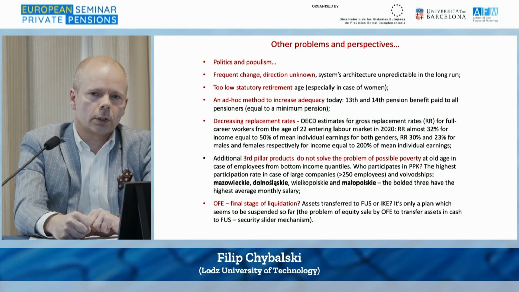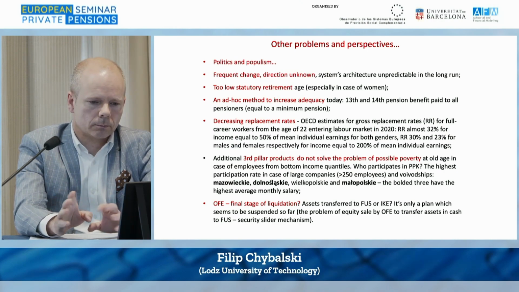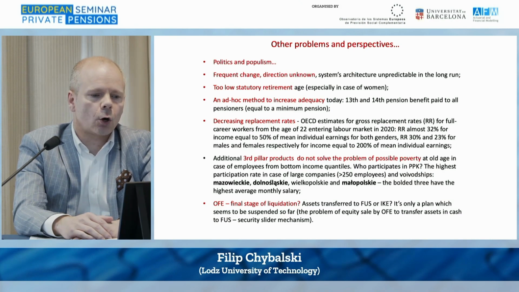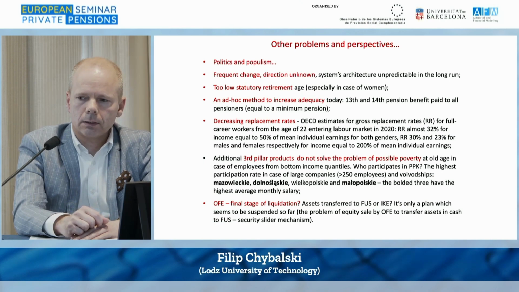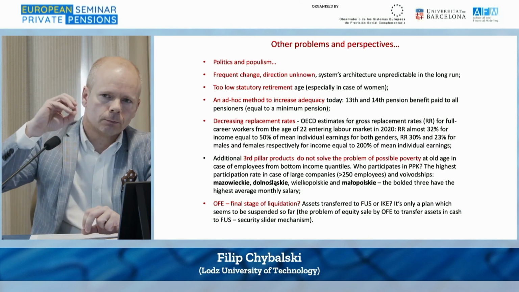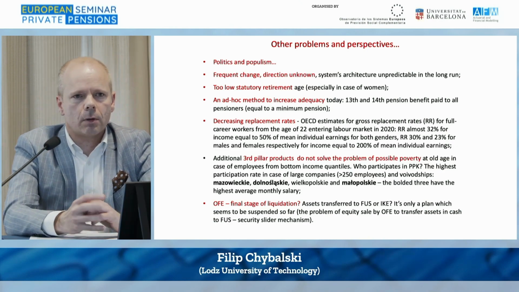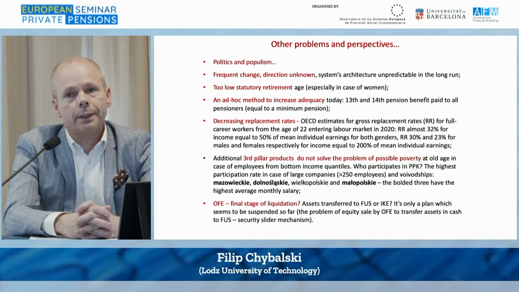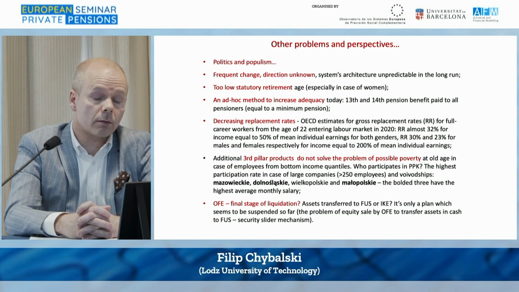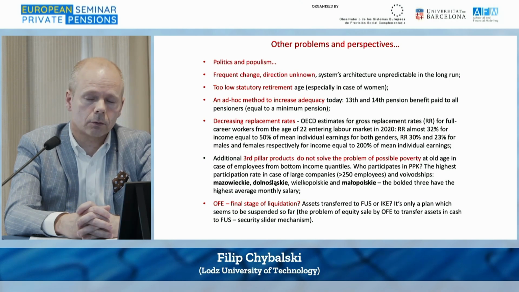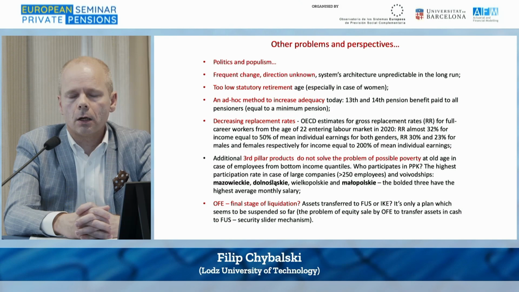Too low statutory retirement age, it's obvious, especially in case of women. An ad hoc method to increase adequacy. Imagine that in the period of last few years, to improve income adequacy of pension system, the government pays the 13th and 14th retirement or pension benefit to old people.